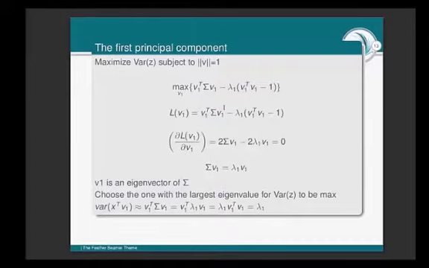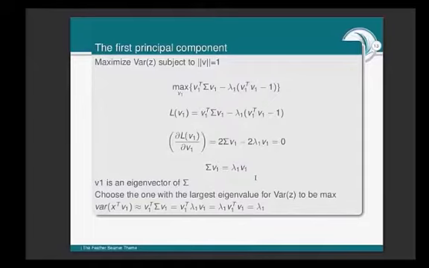Now we have 2 sigma B1 minus 2 lambda 1 B1 equal to 0. The solution of this is given by sigma B1 equal to lambda 1 B1.